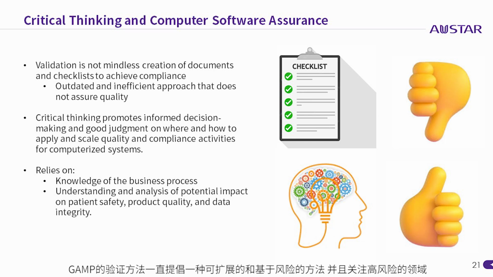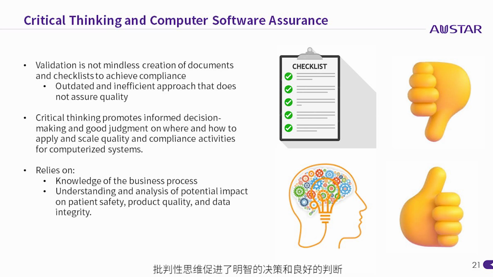The GAMP approach to validation has already promoted a scalable and risk-based approach that focuses on the areas of high risk. The identification and evaluation of risks and the development of an adequately scaled validation approach for each system requires critical thinking.